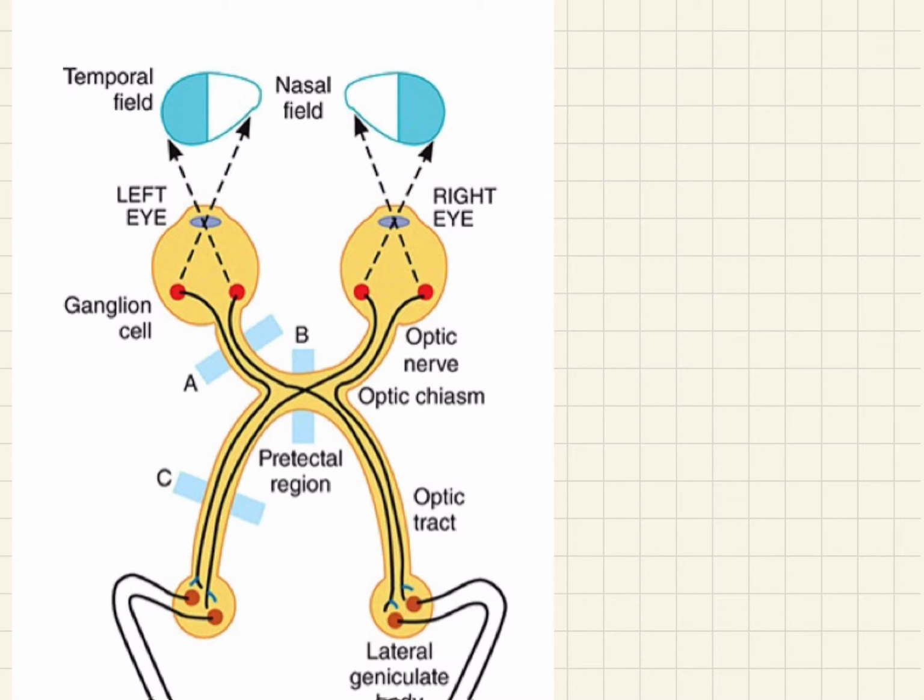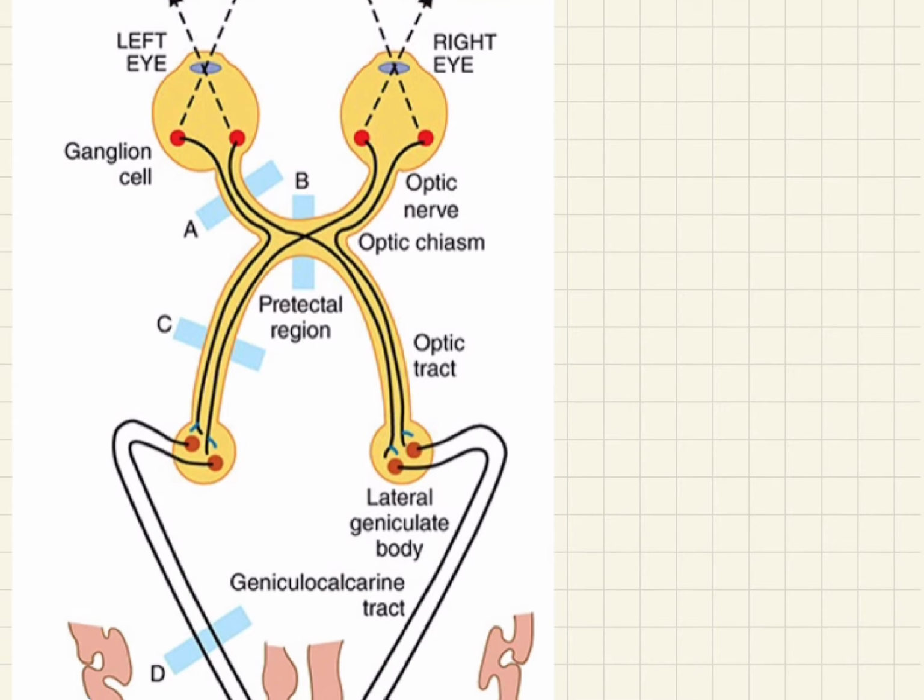So after the optic chiasma, the formed fibers here are called the optic tract. Now what does the optic tract consist of? It will be containing the nasal fibers of the opposite eye and the temporal fibers of the same eye. Both these fibers reach the lateral geniculate body of the thalamus and synapse.